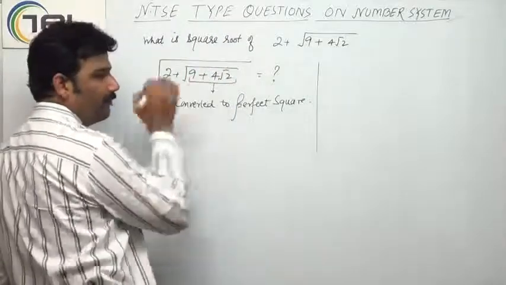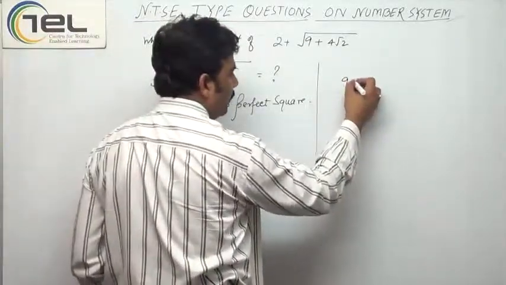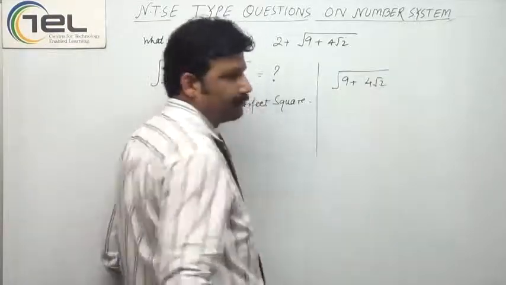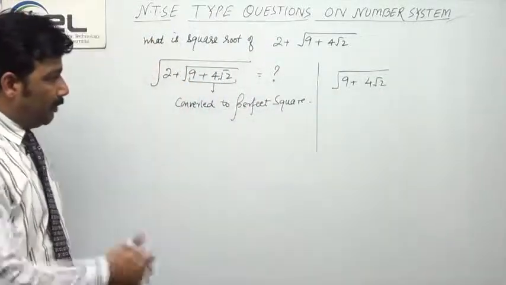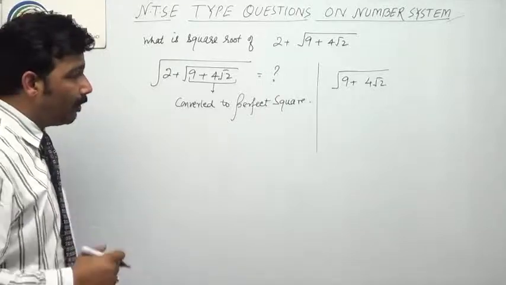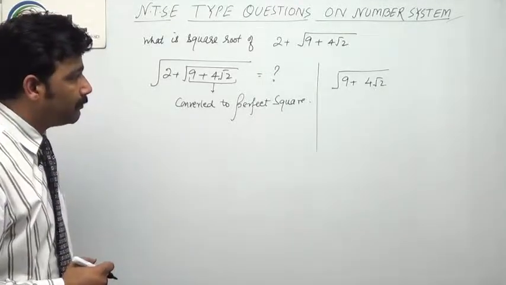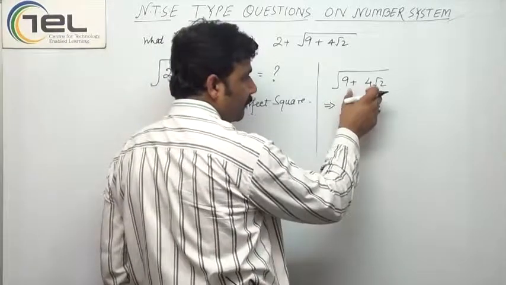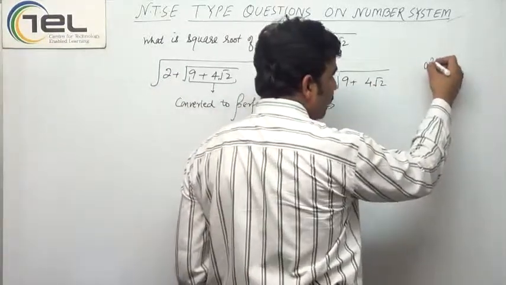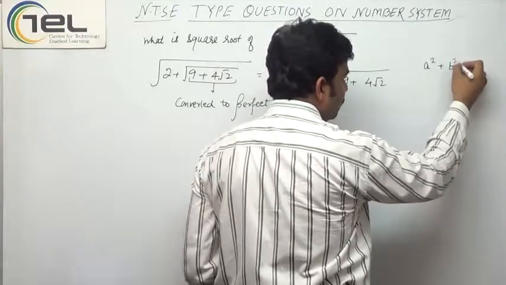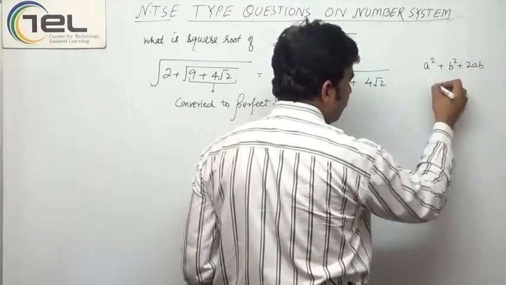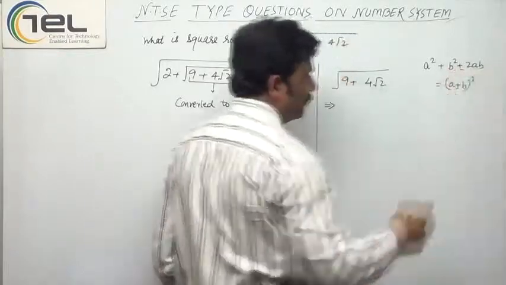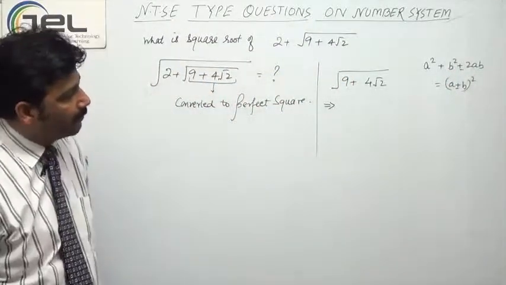I will first of all take this term, 9 plus 4 root 2. Normally, a perfect square is something like a plus b whole square. If this is minus, this is minus. It will be like this.